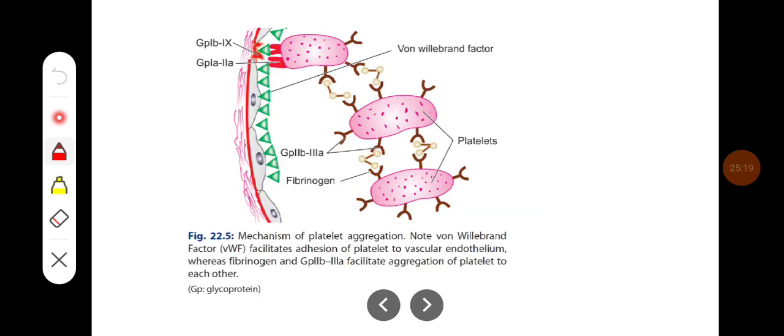This is the diagram showing the mechanism of platelet aggregation. Note that von Willebrand factor initiates the adhesion of platelets to the vascular endothelium, whereas fibrinogen and glycoprotein 2b3a facilitate aggregation of platelets to each other.